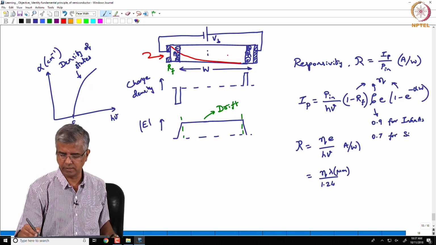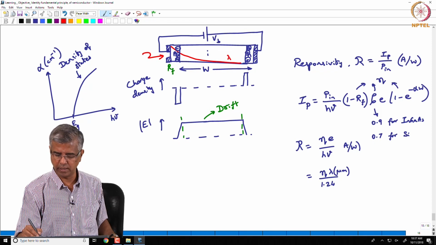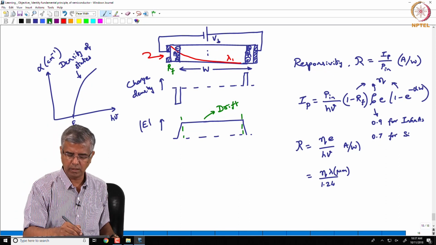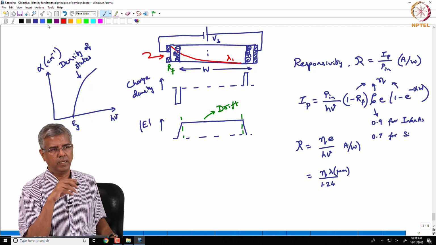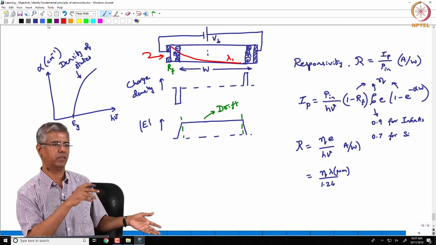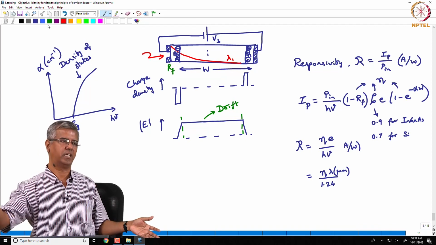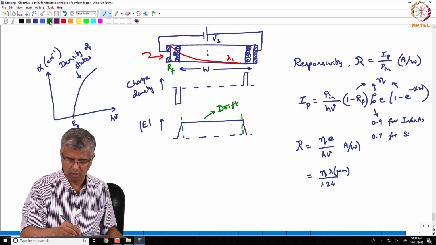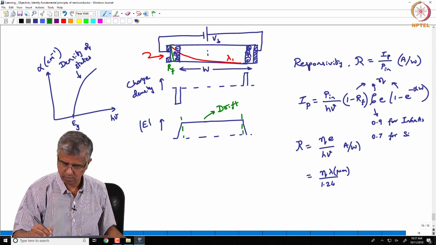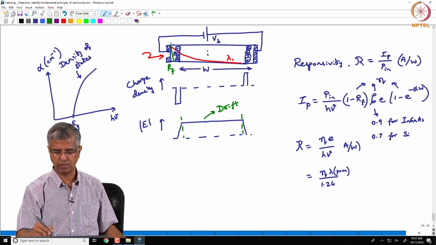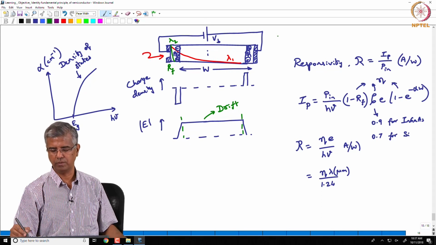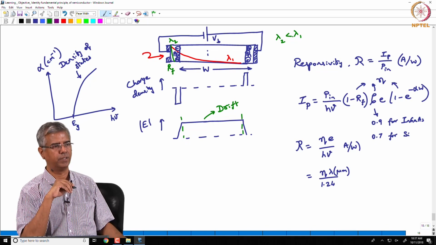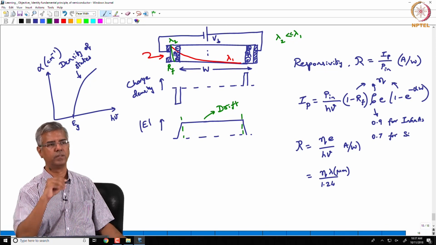So, let us say the red line is at frequency nu 1, corresponding to wavelength lambda 1. Then if you have lambda 2, which is much smaller, or corresponding frequency is much higher and the energy is much higher, then all your absorption is going to happen over here.